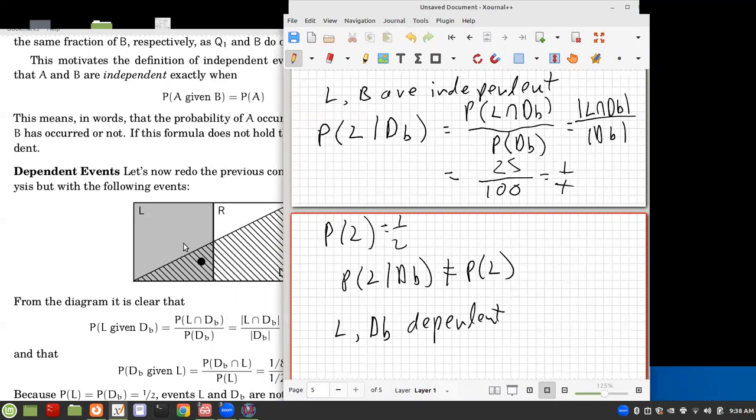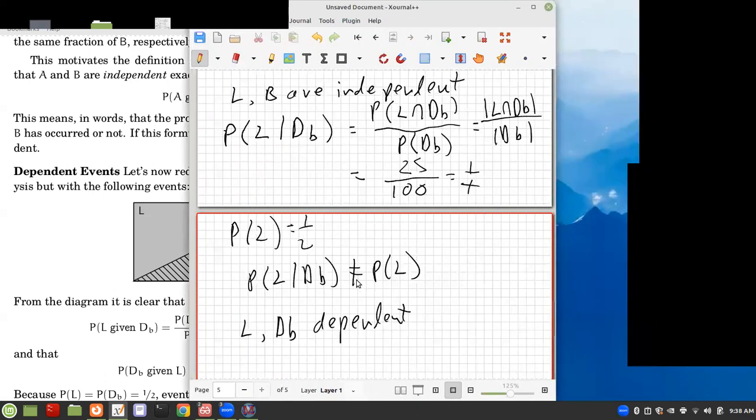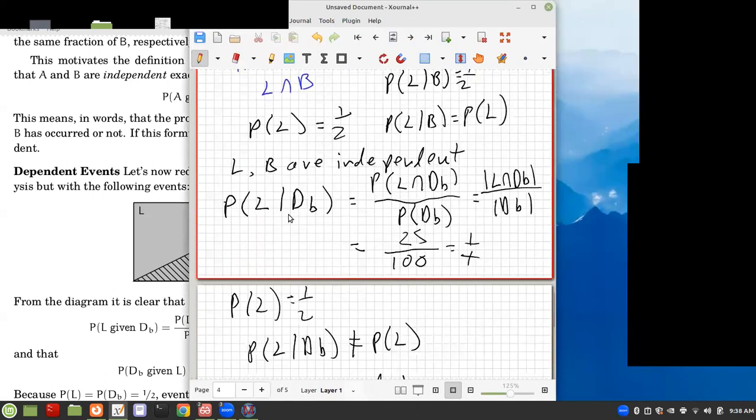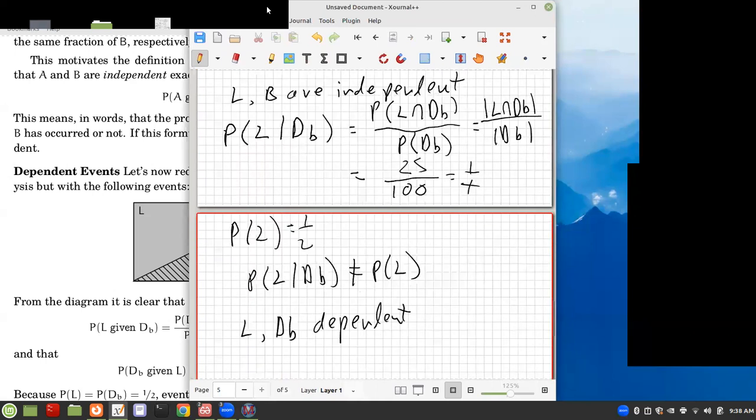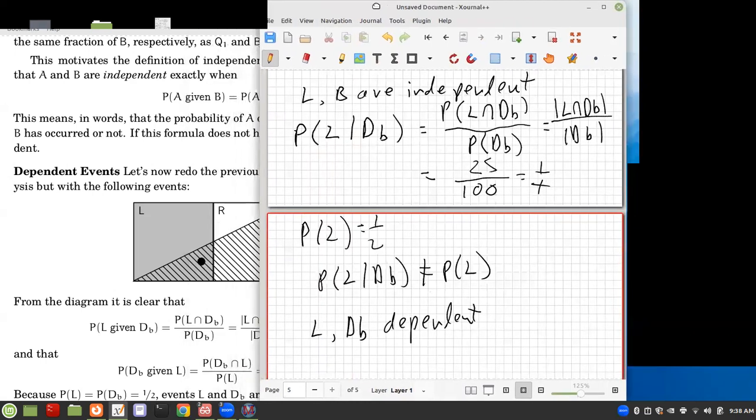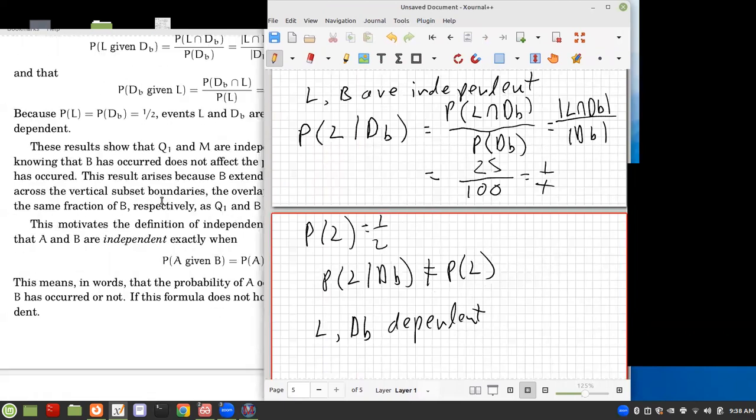So independence in terms of these set diagrams is a little mysterious, and that's why it's hard to just look at the sets and think about whether they're independent or dependent. Sometimes you have to do the calculation to see whether they're independent or dependent events.